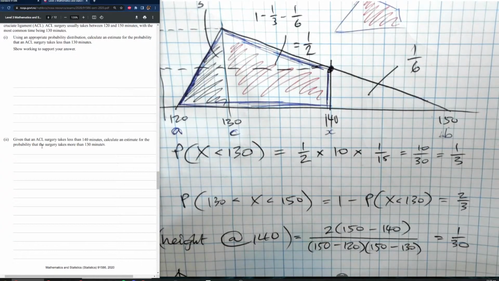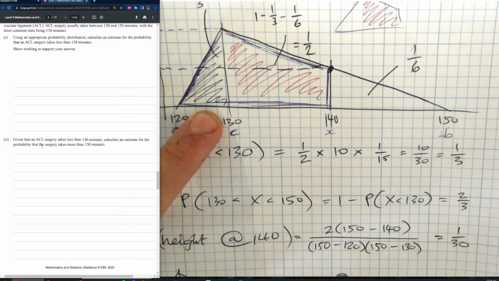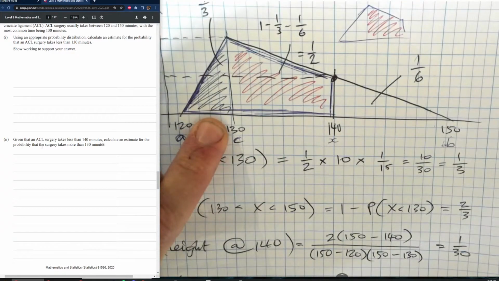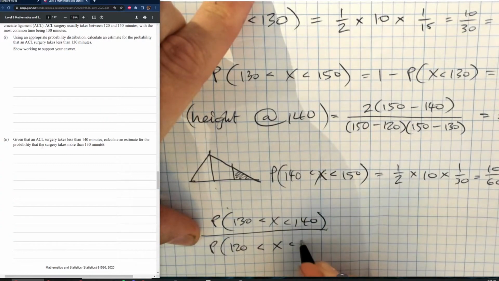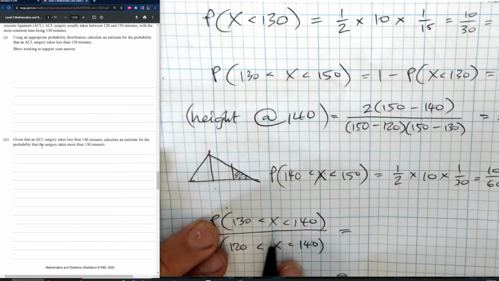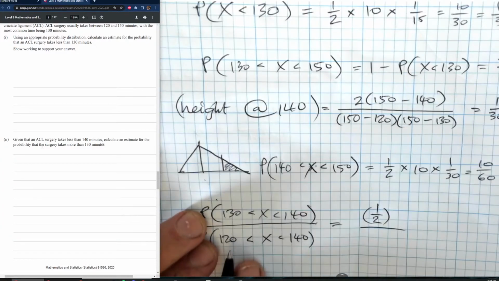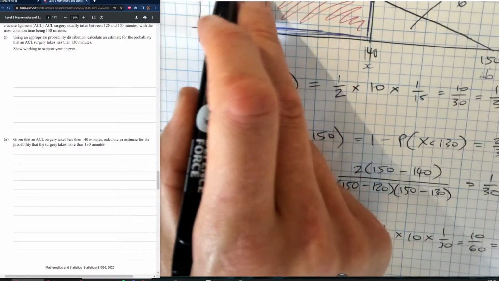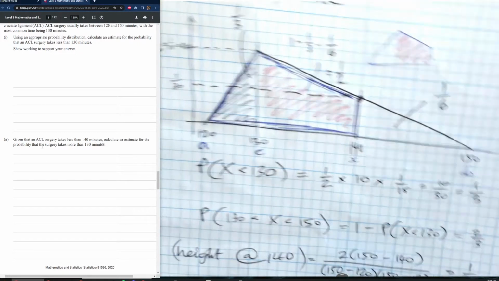So P that it's between 130 and 140, given that it's between 120 and 140, is equal to this probability here, 130 and 140, we got that is a half, over, and we know that that is 1/3 plus a half. Right, so it's this area out of this area.